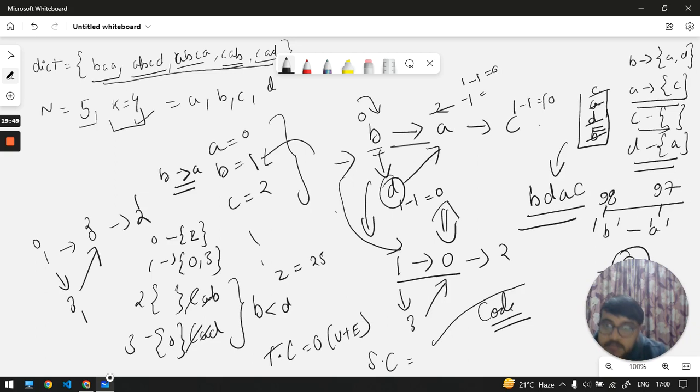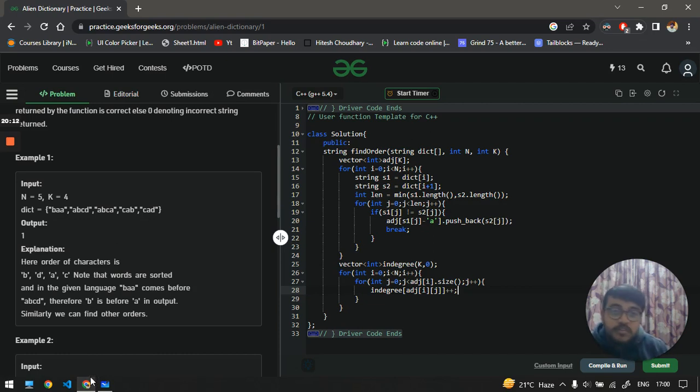Right? So 0 is coming in two adjacency lists. What I'm doing is traversing each and every vertex and increasing its in degree by 1. When I come to 0 it is 1, and when I again come to 0 from 3, again a 1. Okay, so this is fine.